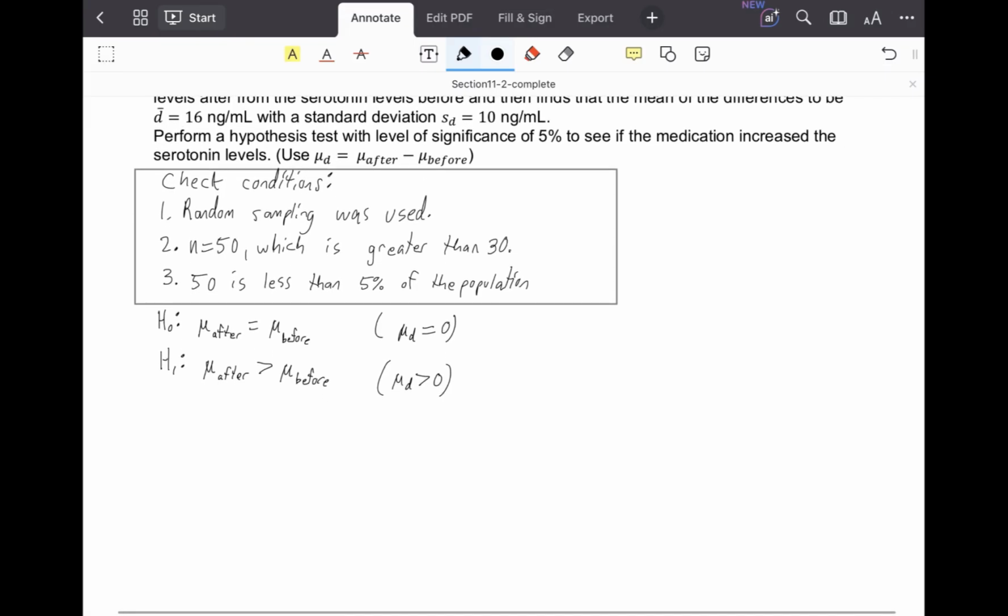Okay, now we're going to use the hypothesis test Excel file. And we're using paired difference of means.